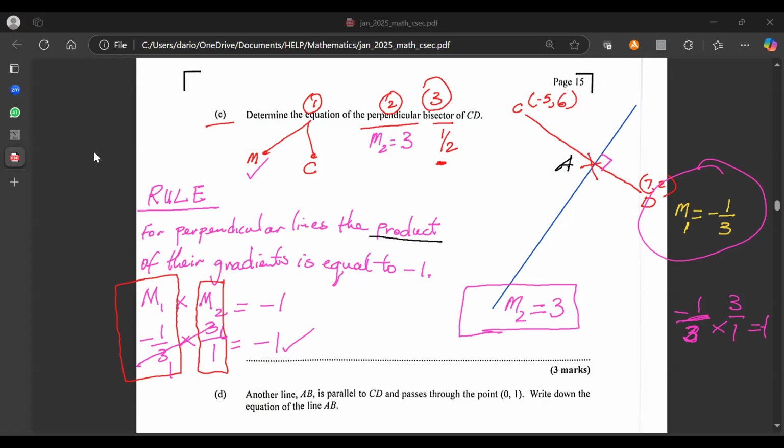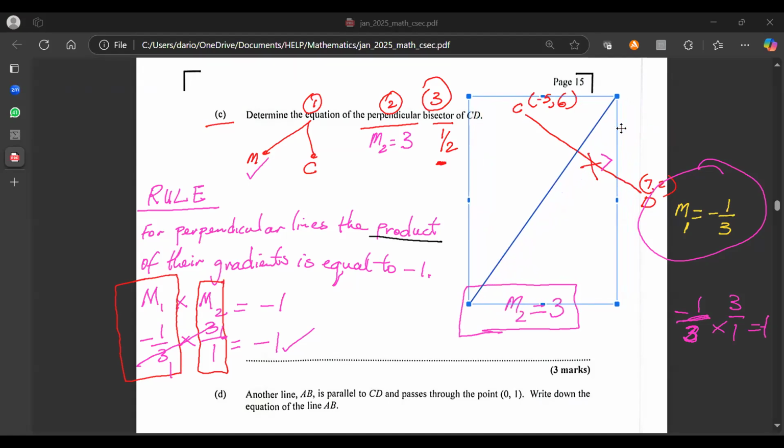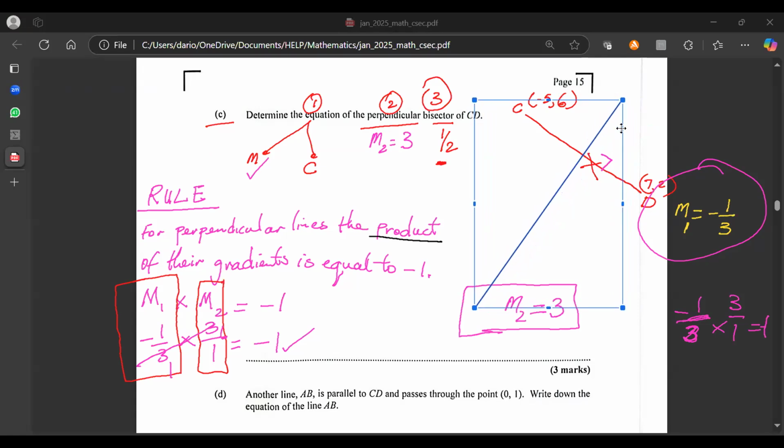Let me just push this line across a little, midway. Right. Good. I'll have to erase this, and this. Good. So the bisector cuts the line in half.